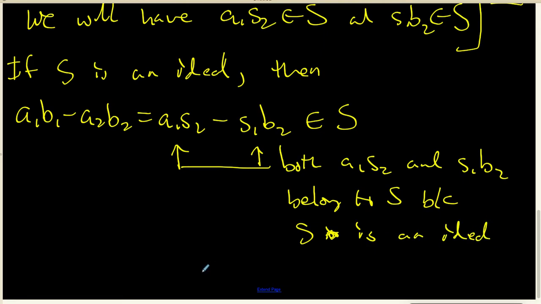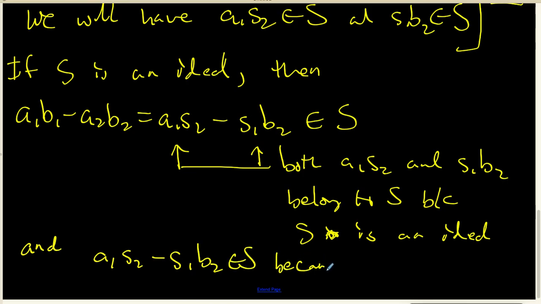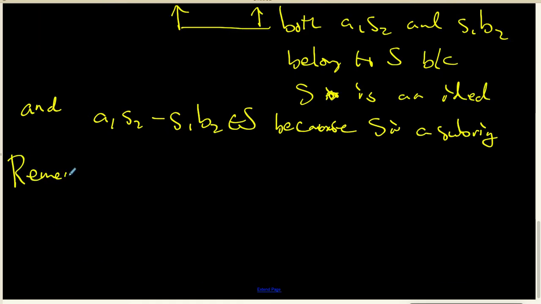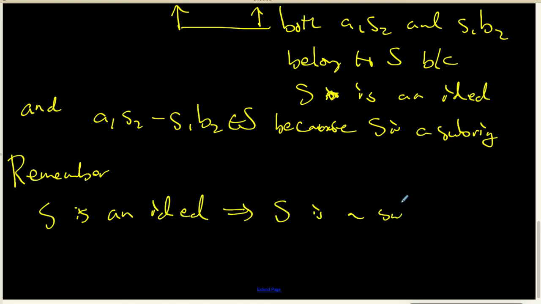But ideals are also subrings, and consequently the sum belongs to S because S is a subring as well. It's important to remember that S being an ideal will imply that S is a subring, even though it does not go back the other way.